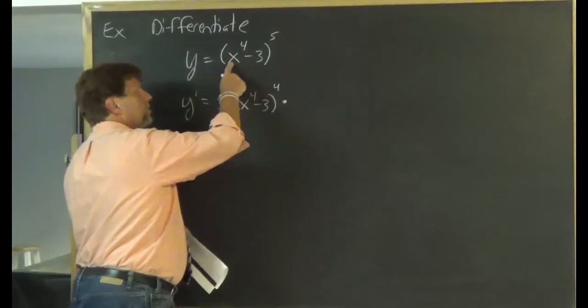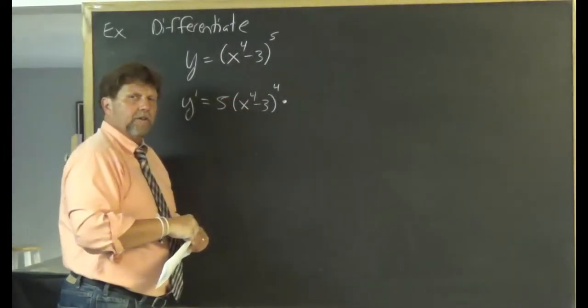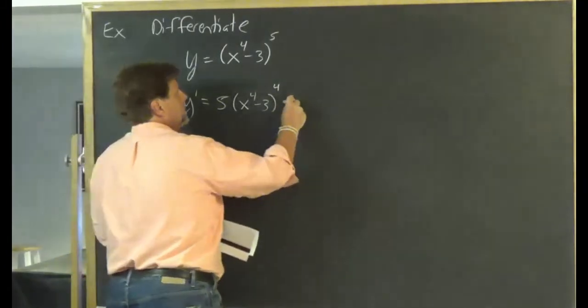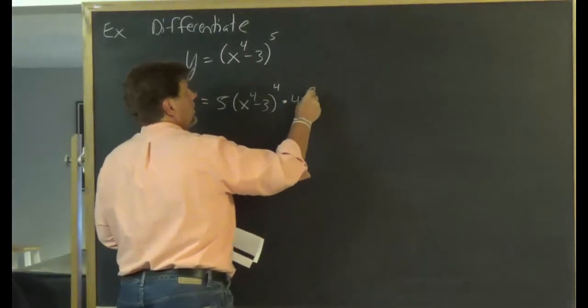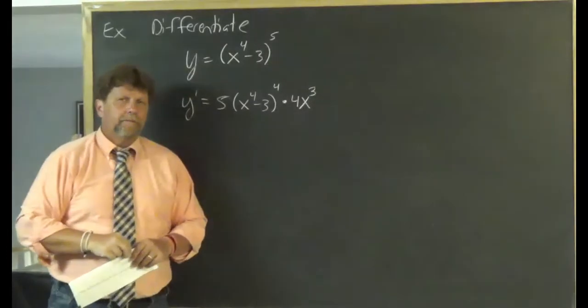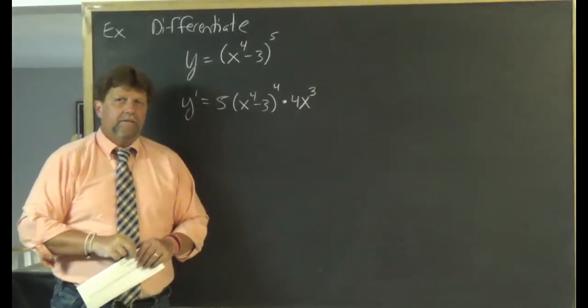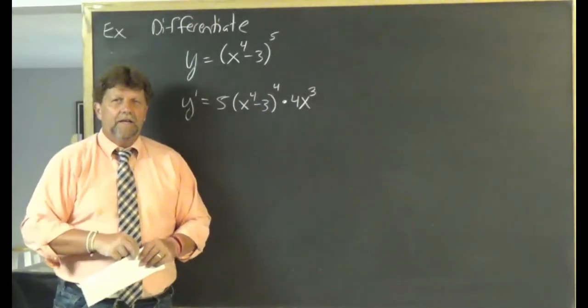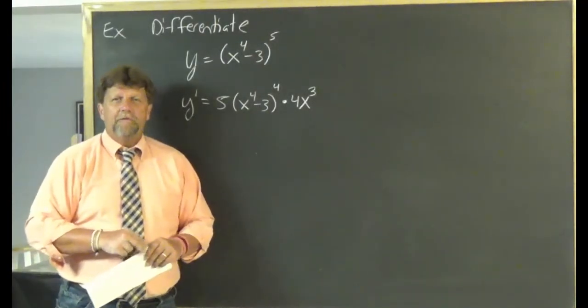Well, x to the fourth minus 3 is the inside function. Derivative of x to the fourth minus 3 is 4x cubed. That's it. So let's head back to the slides and see what more I have to say before we do a lot more examples.